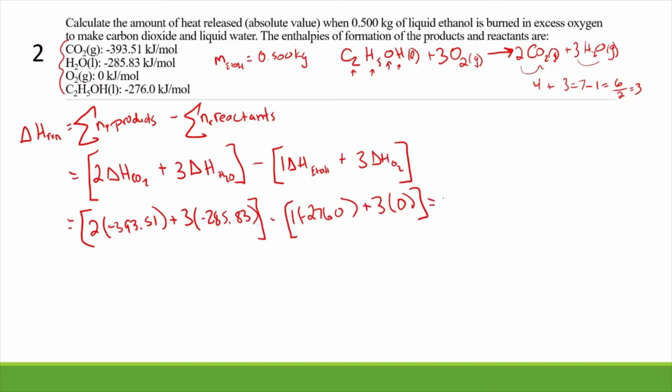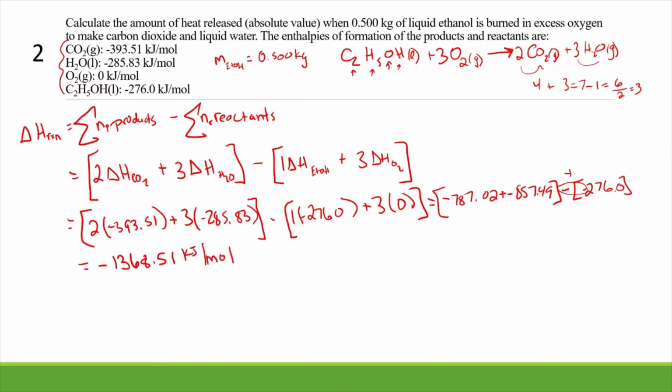So then this gives us negative 787.02 plus negative 857.49 minus negative 276.0. Minus negative is a plus. So this adds up to negative 1,368.51 kilojoules per mole.